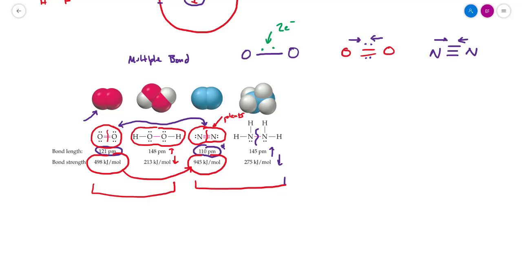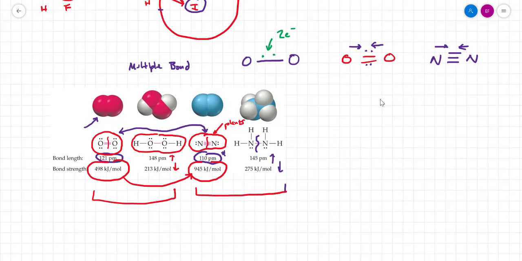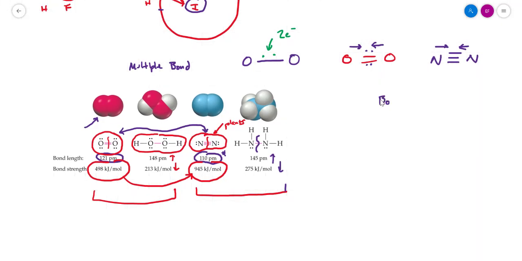One additional concept that I want to introduce, which is going to come back to us in the next chapter, is this idea of bond order. It's really not a new concept, it's just a different way to account for single, double, or triple bonds. Bond order is the number of pairs of electrons that are shared between atoms. It's a shorthand way to talk about the number of bonds.